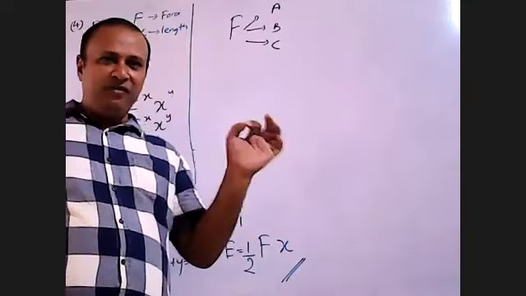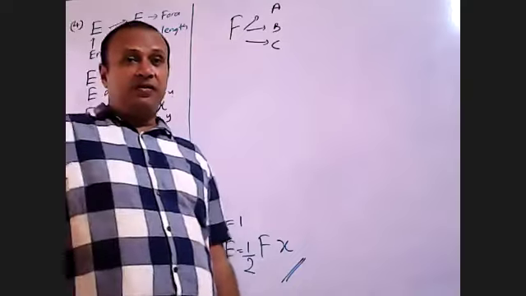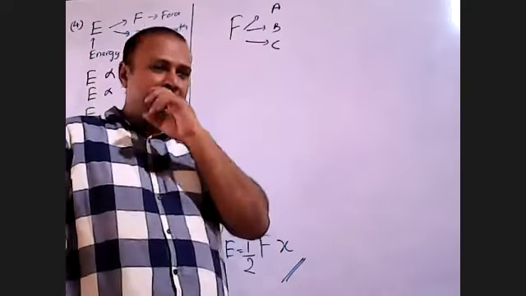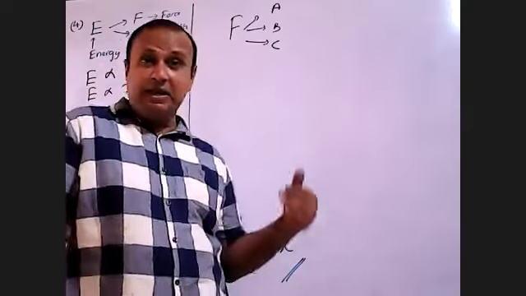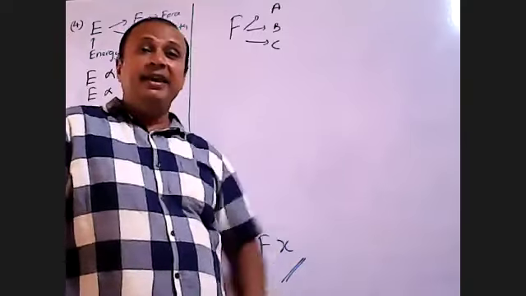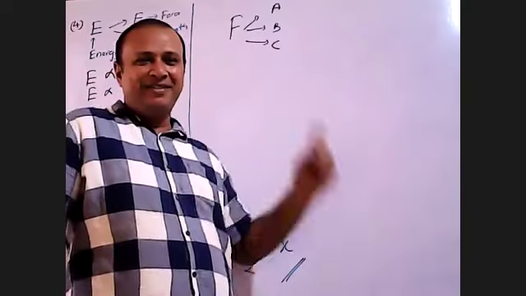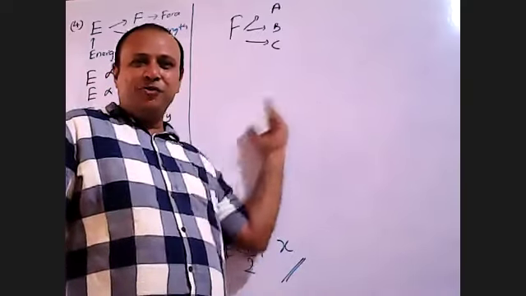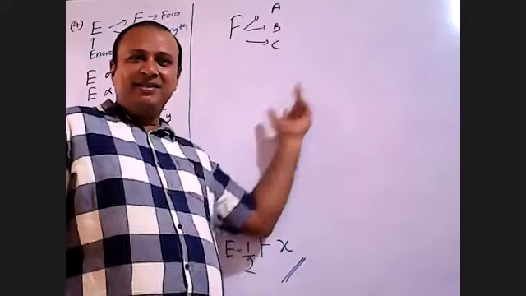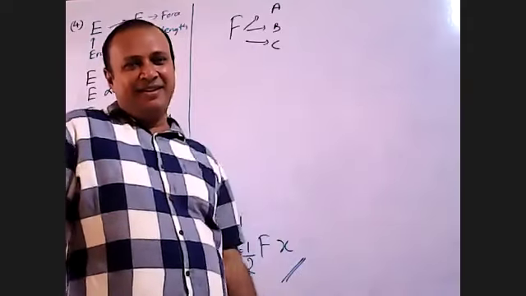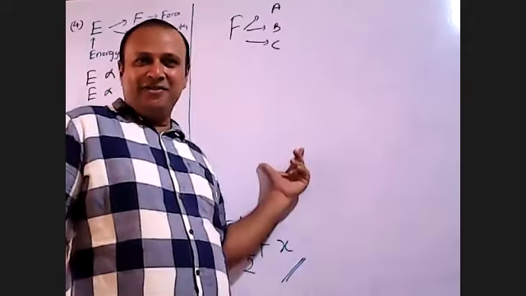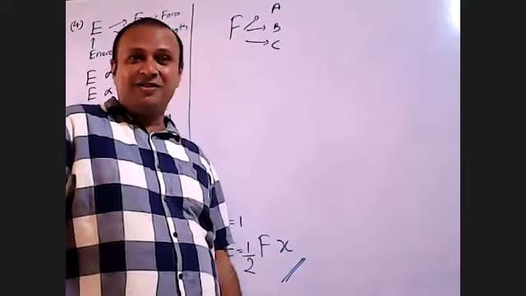But if you ask a question such as the maximum number of physical quantities that can be in an equation, that should be equal to 4. Because in an equation there are two sides, LHS and RHS. On the LHS there is one physical quantity, and on the RHS there are physical quantities.